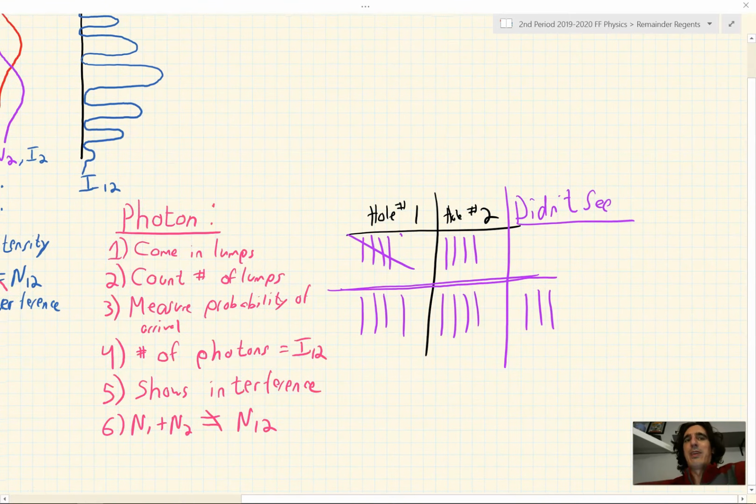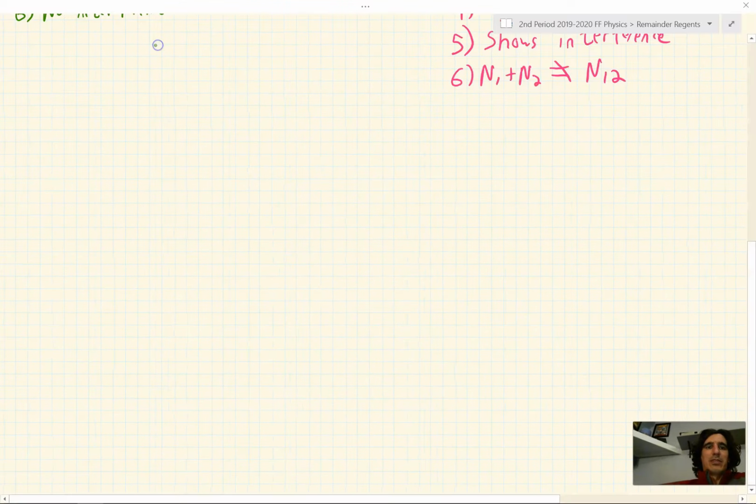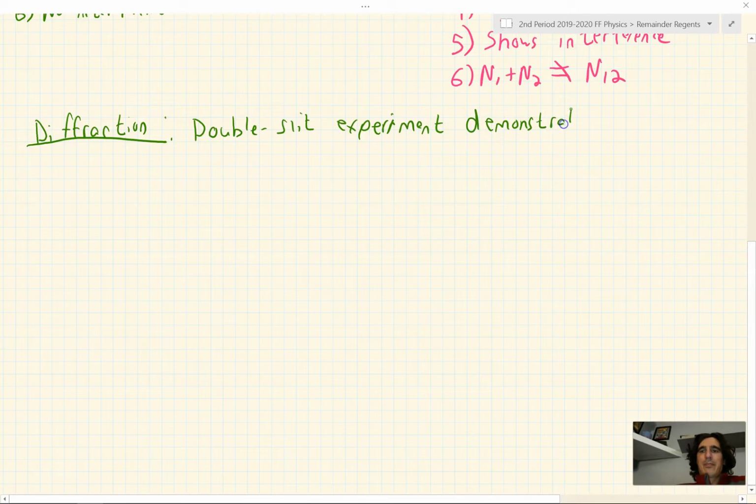Alright, so why don't we finally define diffraction? So all we're going to say with diffraction, in terms of for Regents physics, is that it's the double-slit experiment demonstrating that light behaves like both a particle and a wave.